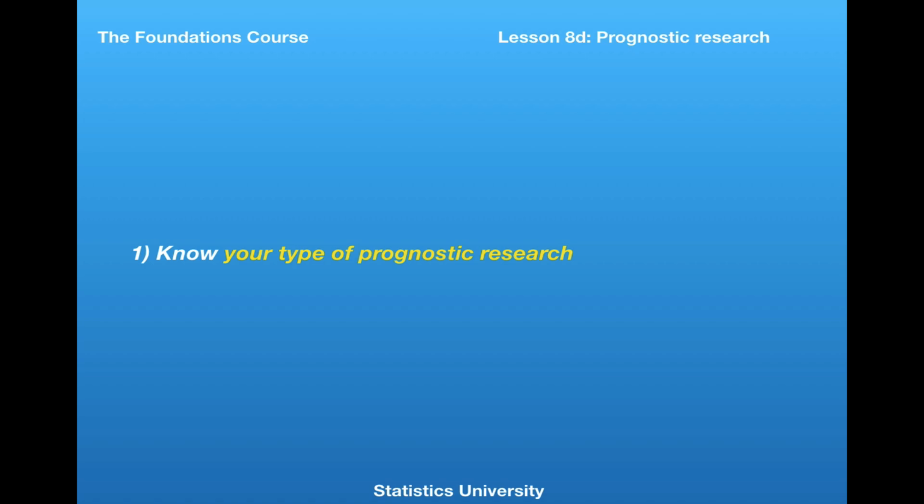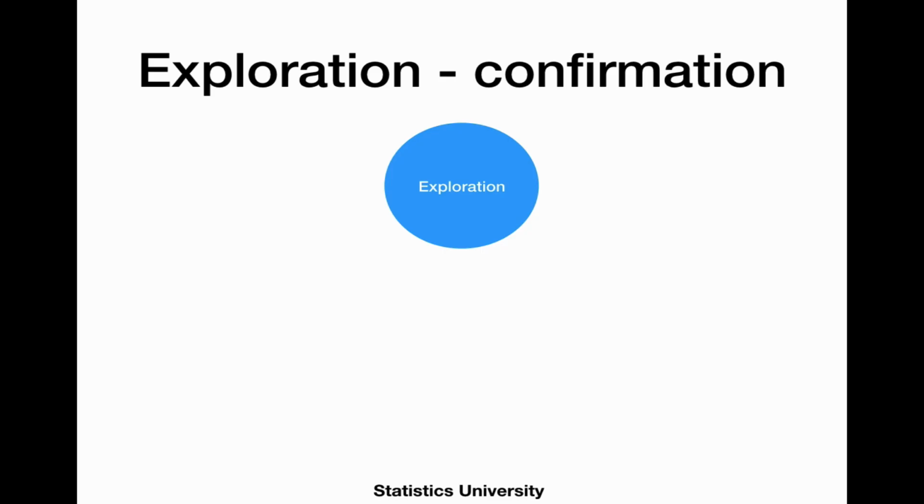The first principle is to know your type of prognostic research. Are you exploring new prognostic factors, or are you trying to replicate those explorations in external validation studies? And sometimes replication studies fail to replicate the findings of the exploratory studies, and then we should go back to the drawing board and see if there's a real signal in the proposed prognostic factors.